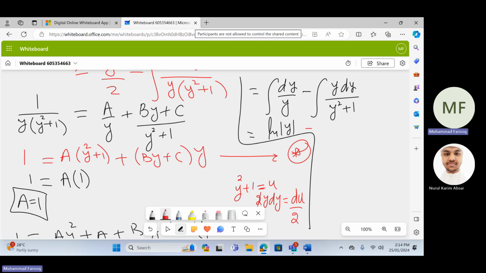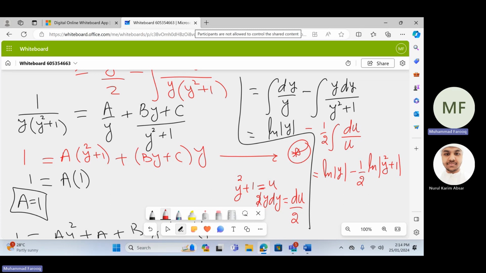So minus 1 over 2 outside, integrate du over u, which is ln. So the first answer is ln absolute value of y, minus 1 by 2 ln absolute value of u. What is u? y squared plus 1.